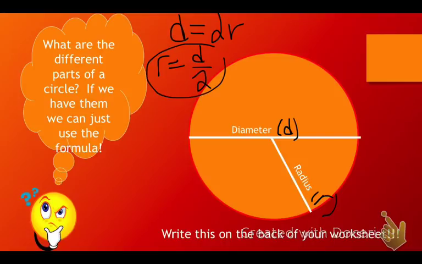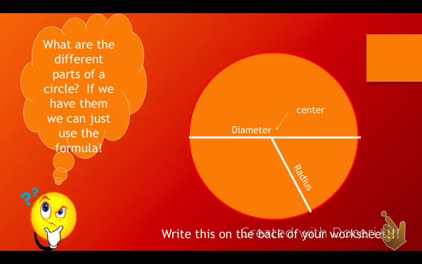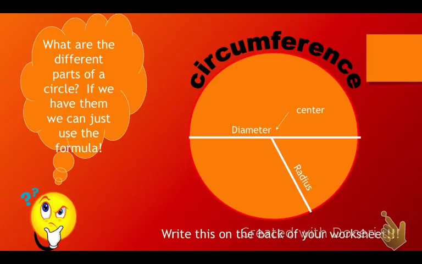This one is really important, the diameter divided by 2. We need to know that to find the area of a circle. We also have the center of the circle, and around the outside is the circumference, which we're not going to talk about right now, but the biggest thing is diameter and radius.